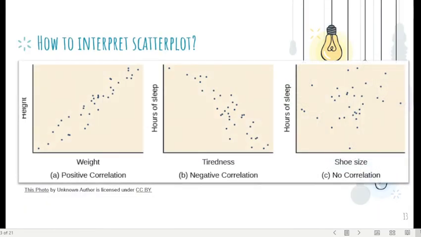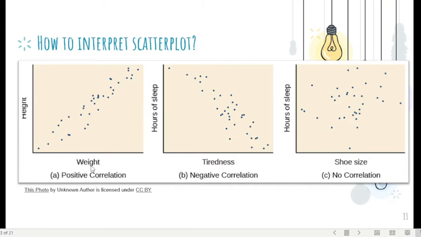So how do we interpret a scatter plot? Let us look at the first figure. For our x-axis, we have the weight, and for the y-axis, we have the height.